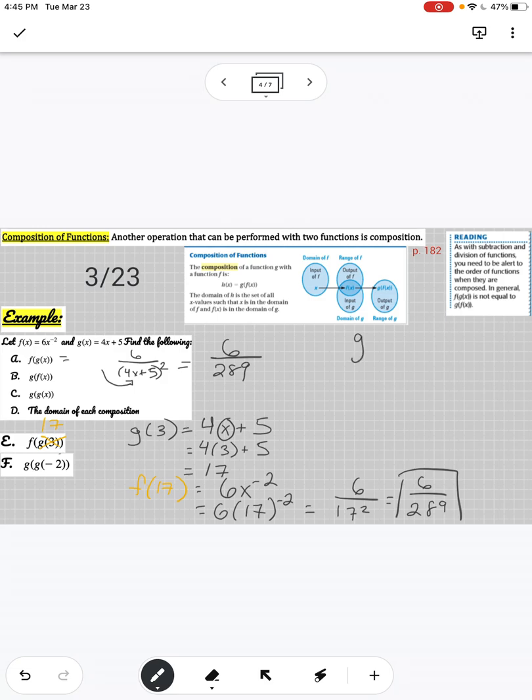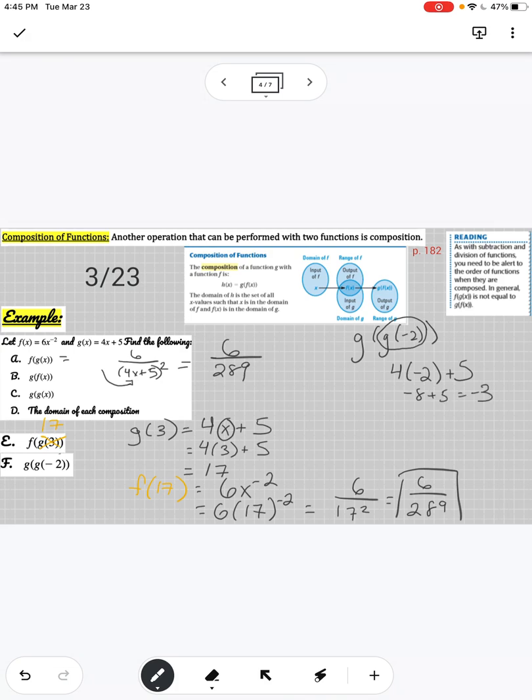Okay, so now let's do it. g of negative 2. So the first thing I do is the inside always. So g of negative 2 would be 4 times parentheses negative 2, plus 5, right? And that would be negative 8 plus 5, which is negative 3.